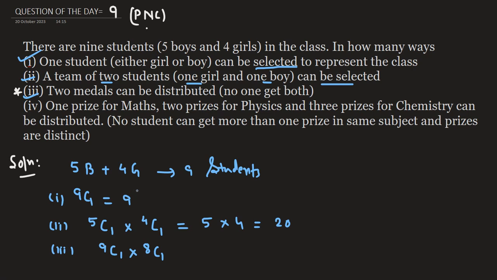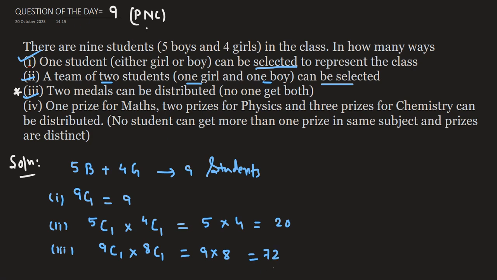You have to give the 2 medals so that no one gets both. Therefore you select from the 9 students only one, separate them, and give them the medal. This can be done in 9 ways. Now the remaining 8 students don't have any medal, so you have 8 choices. You notice that here you have 9 into 8, and there are 72 choices.